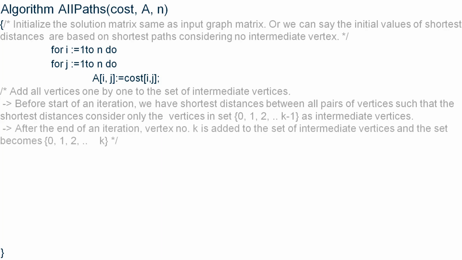After the end of the iteration, vertex number k is added to the set of intermediate vertices, and the set becomes 1 to k, where k is added as an intermediate vertex, for k equal to 1 to n.